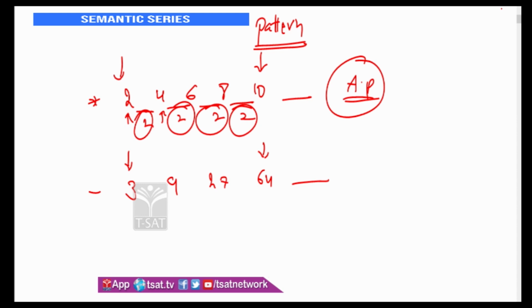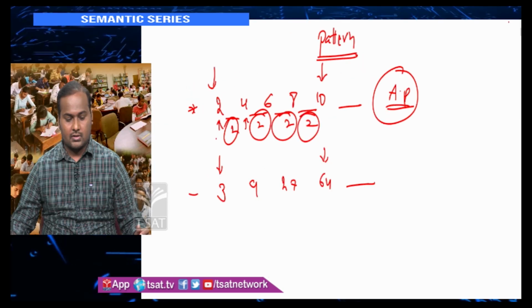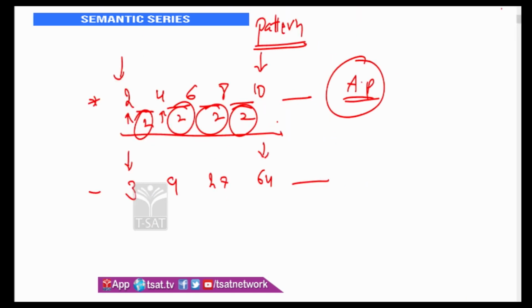So whenever the increase is very small, in the first case we take the difference, and in the second case, where the initial number is 3 and the final number is 64, it is a huge jump. Obviously we can say it is in terms of multiplication, simply a GP, geometric progression.